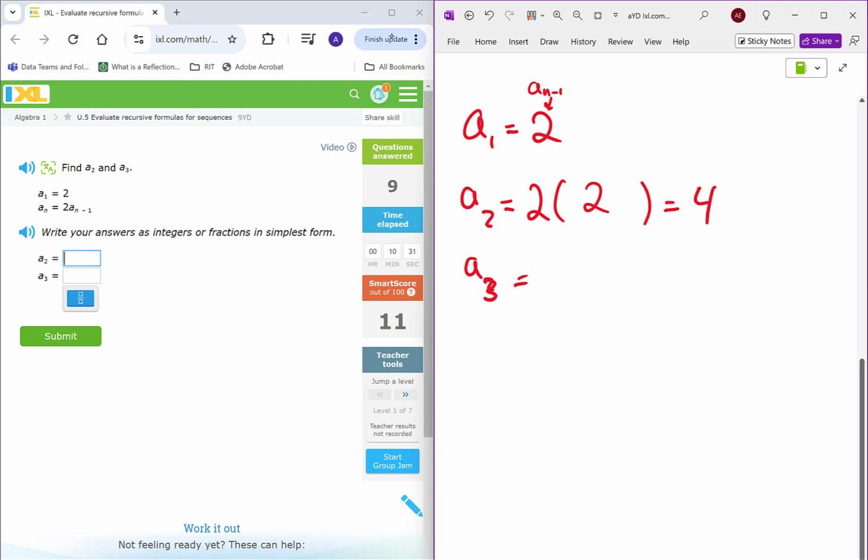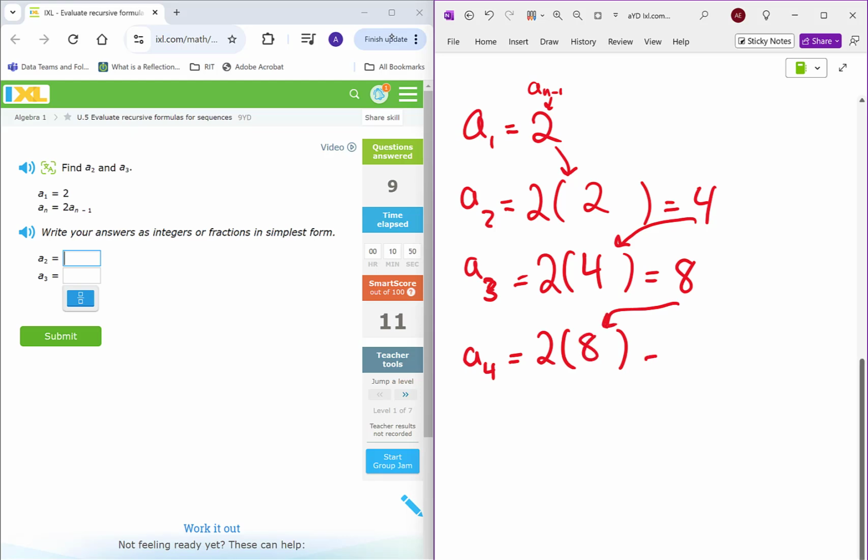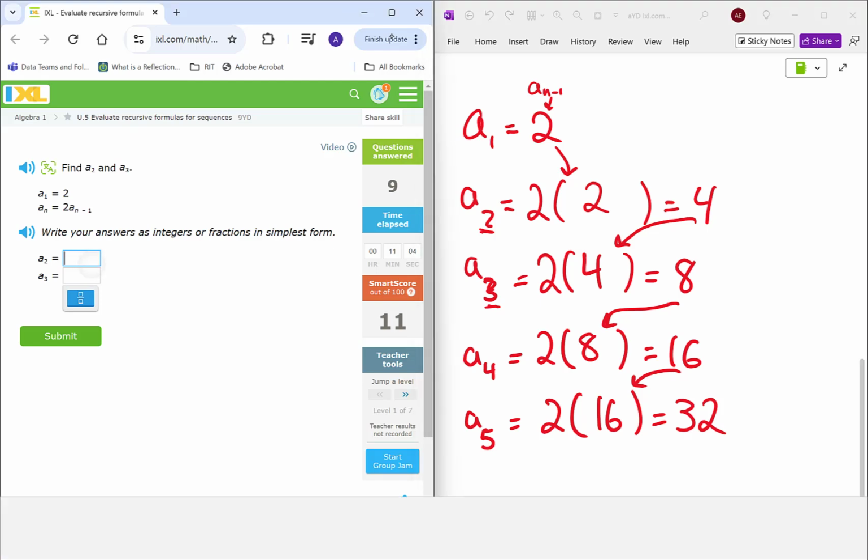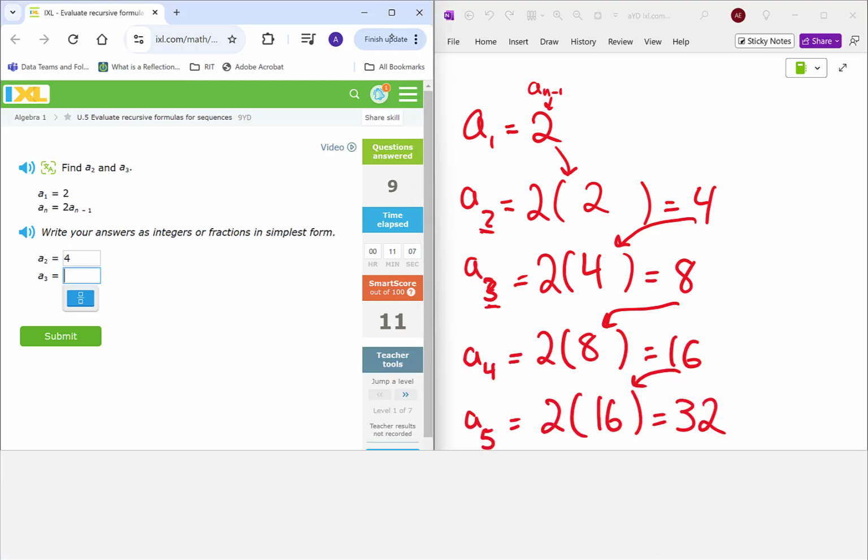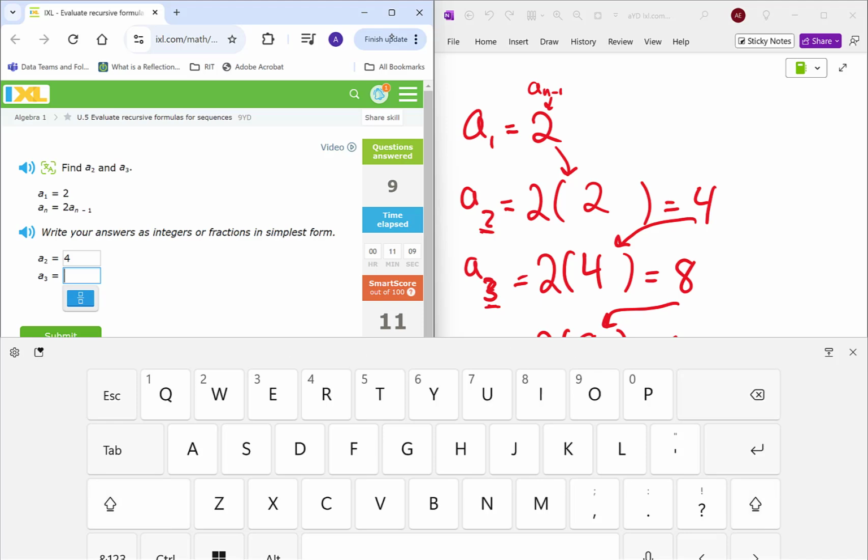And then for my next term, I'm going to go back to that formula, and I'm going to write 2 times, and then I know what's going in there is the previous term. So it would be 4, which is 8, and then A sub 4 is that same pattern of filling it with the previous, is 16, and then A sub 5 is that pattern of timesing by 2, but the previous 16 is 32. So for this problem, A sub 2 and A sub 3, it's 4 and 8, but it's really useful to have your work shown.